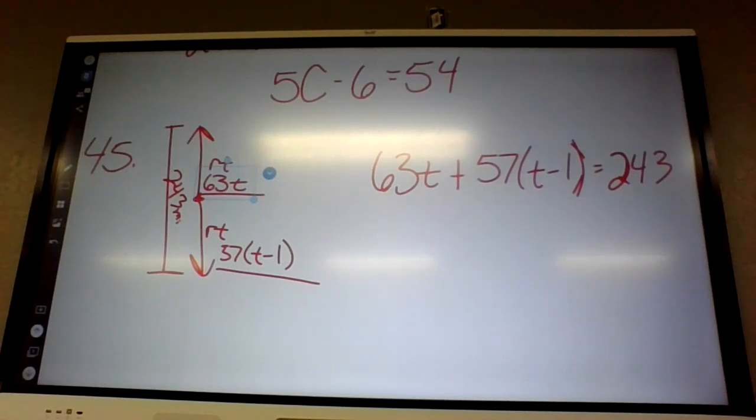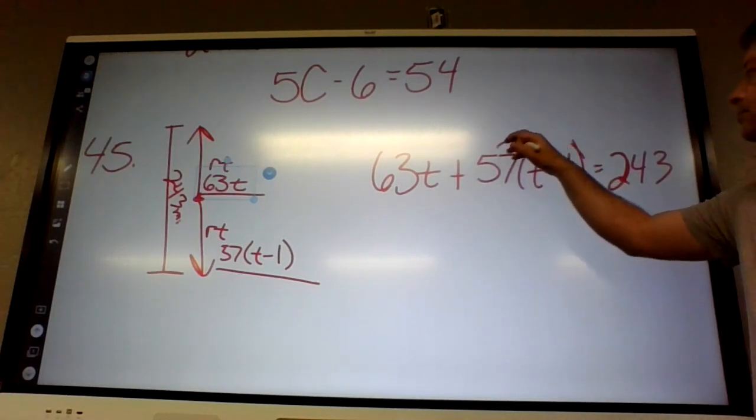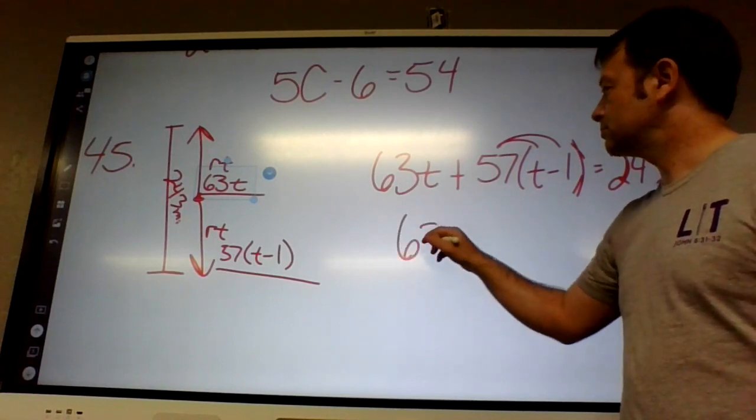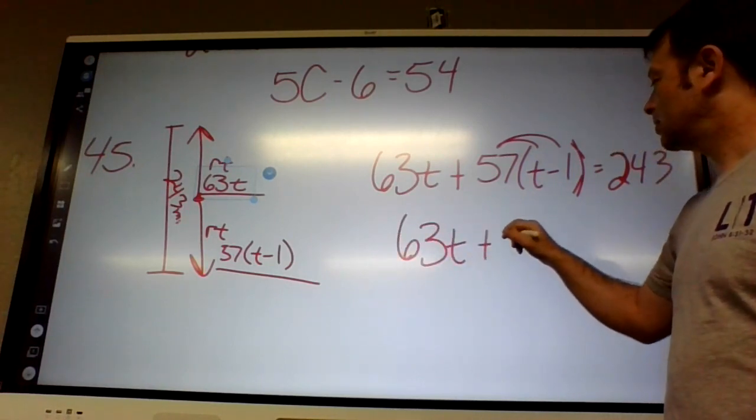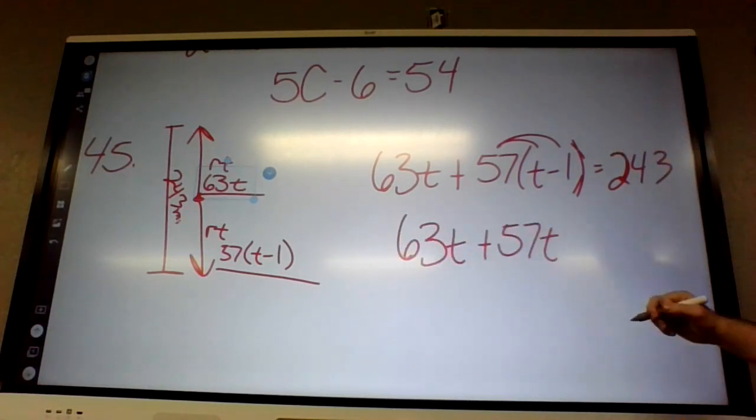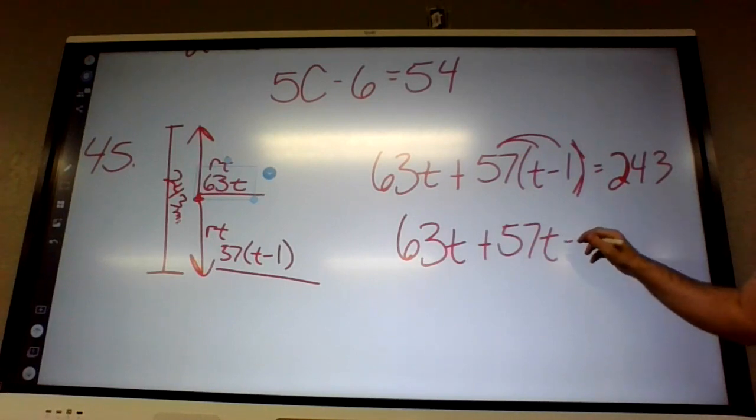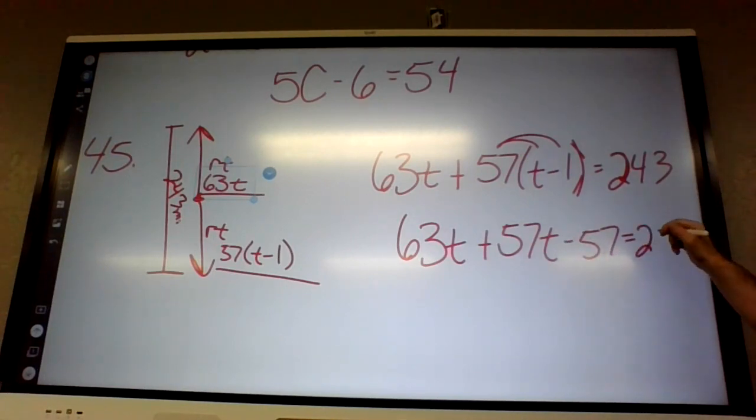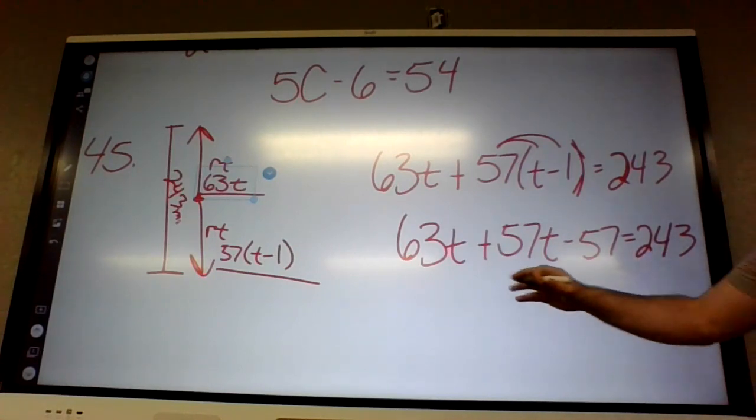All right, so now we just have algebra left. Distribute. Combine the terms. 57t. Notice I put a tail on my t so it doesn't look like a plus. You could use a capital T. Combine the terms.